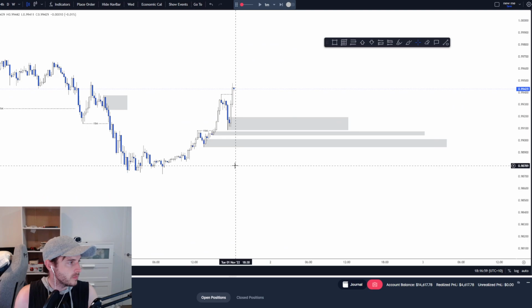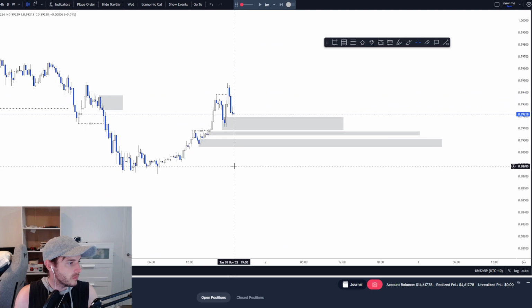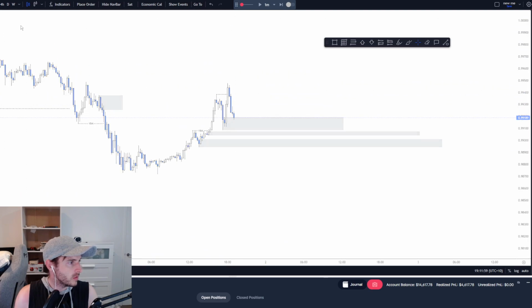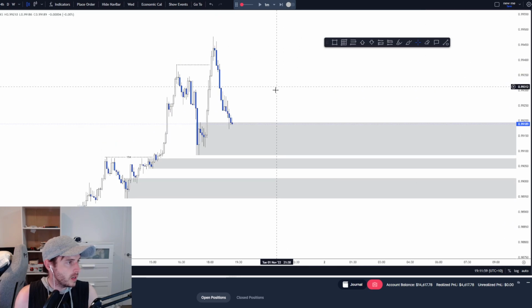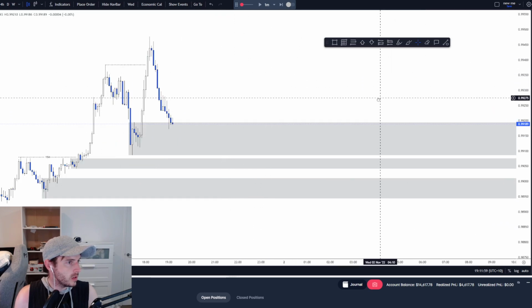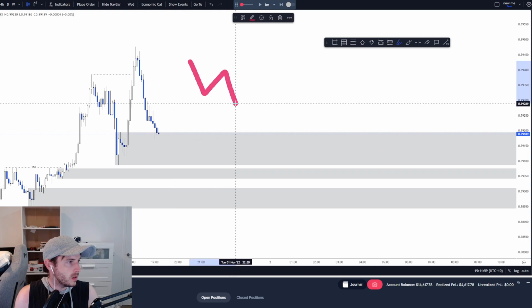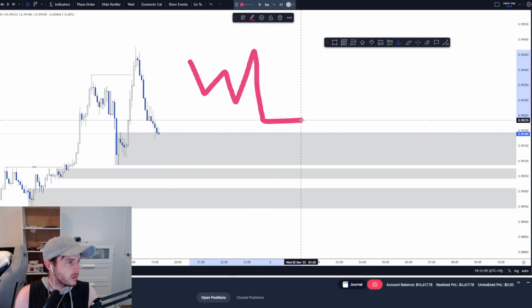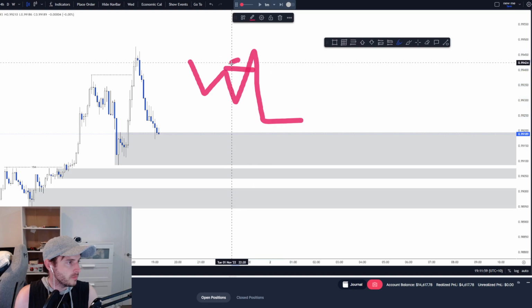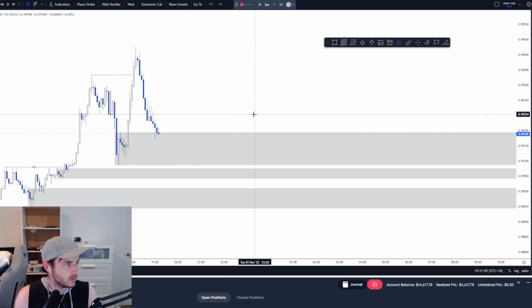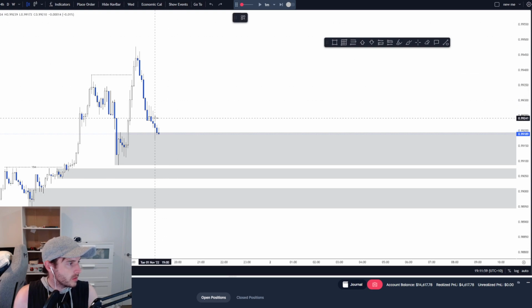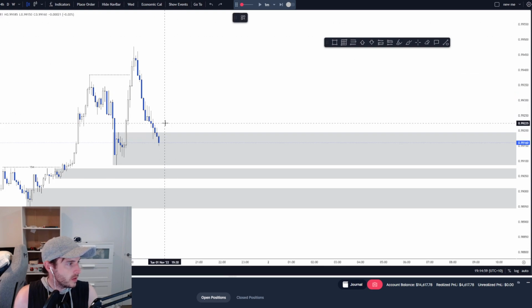So price has tapped into our zone. Do we have a fake break liquidation? What we're looking for is something like this, and that's looking for a little fake break, but not just any fake break, so long as there's a chop being created there.